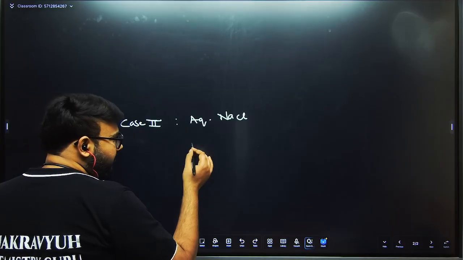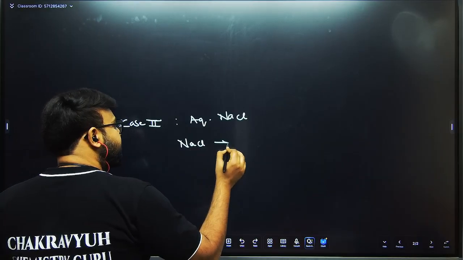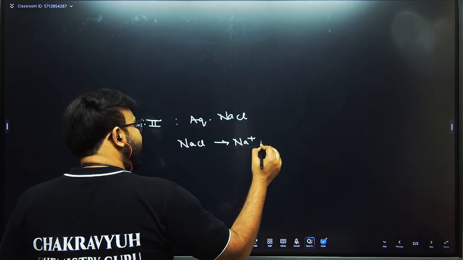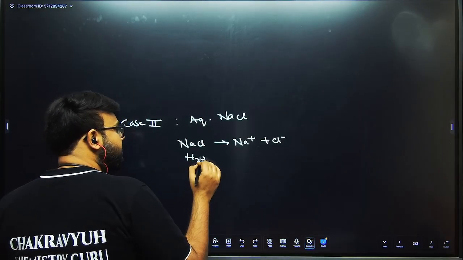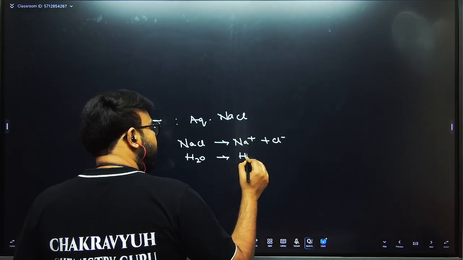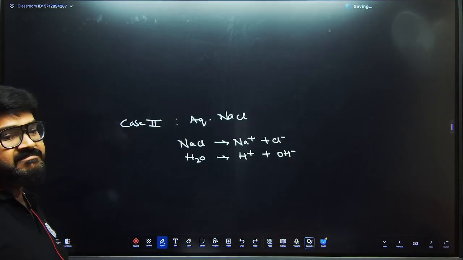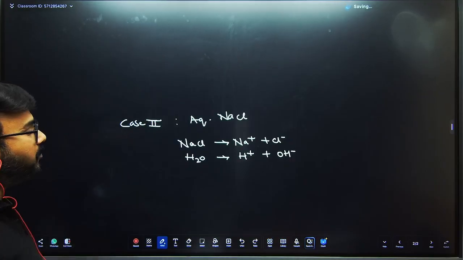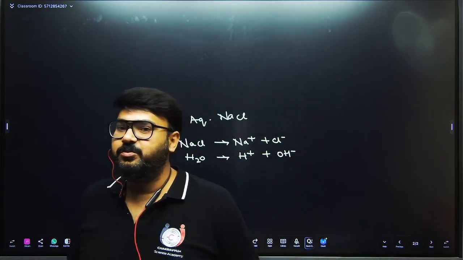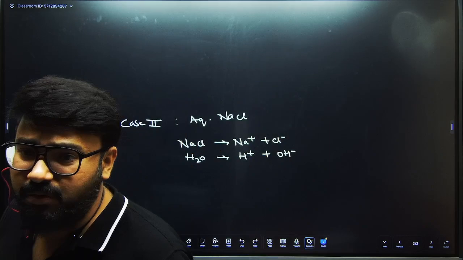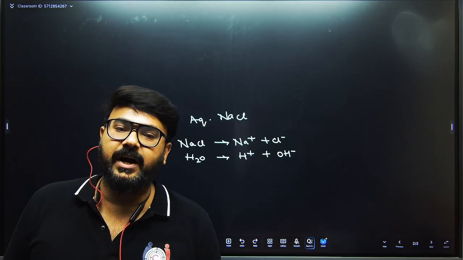So now tell me what will be the dissociation? How will NaCl dissociate? Na plus and Cl minus. And how will H2O dissociate? H plus and OH minus. Brilliant. Now, how many anodes are there? One. Why did you say two? Since when did anode become two? Anode is one.